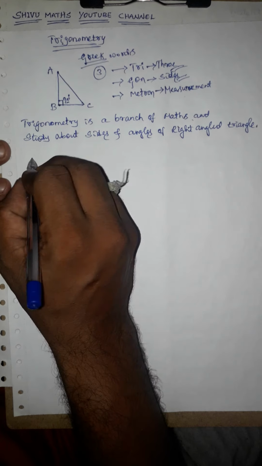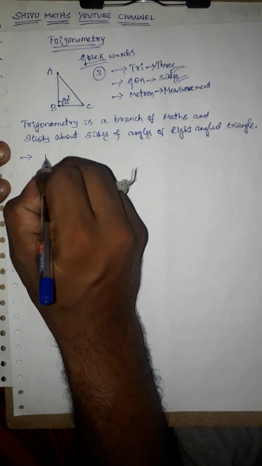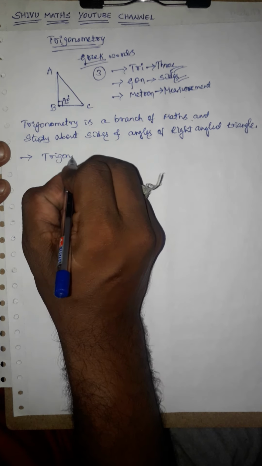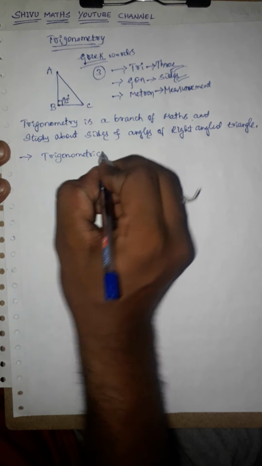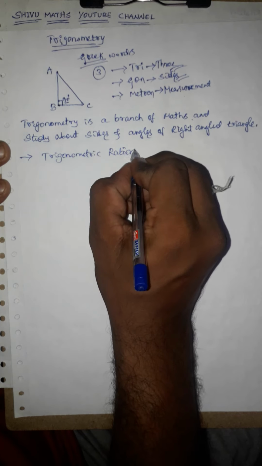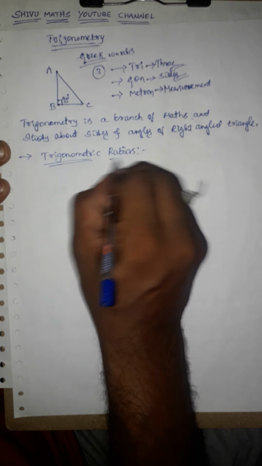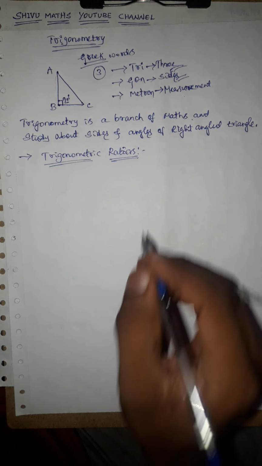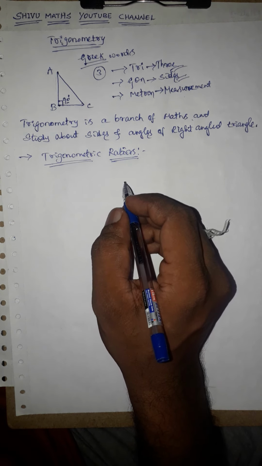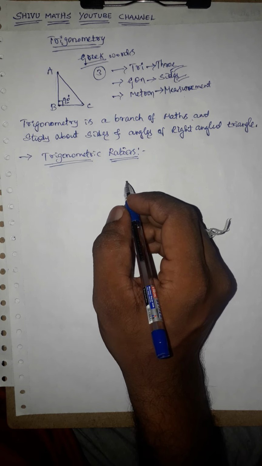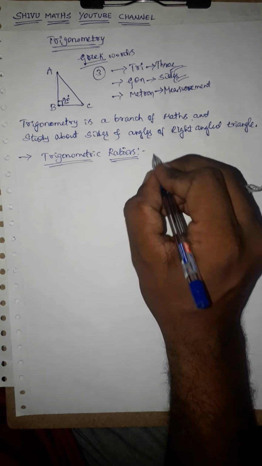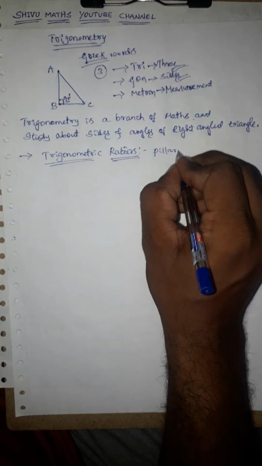That is trigonometry. In trigonometry, the first concept is trigonometric ratios. These are the fundamental ratios, also known as the pillars of trigonometry.